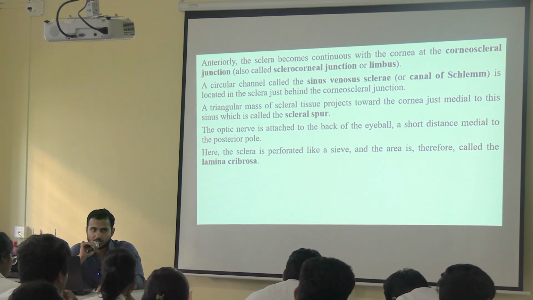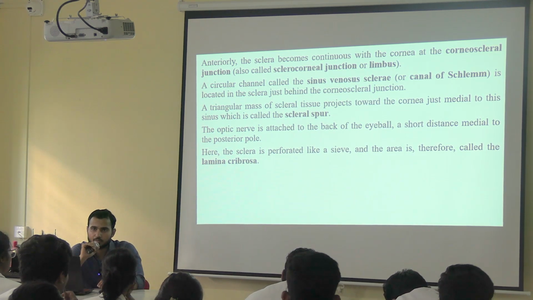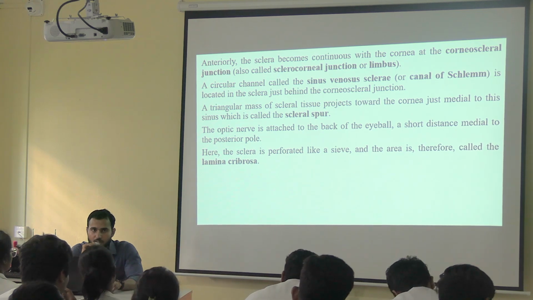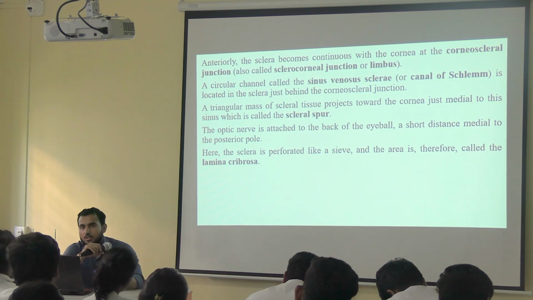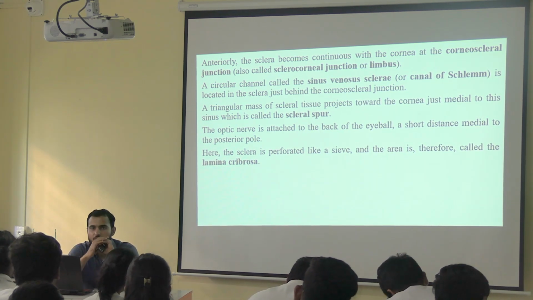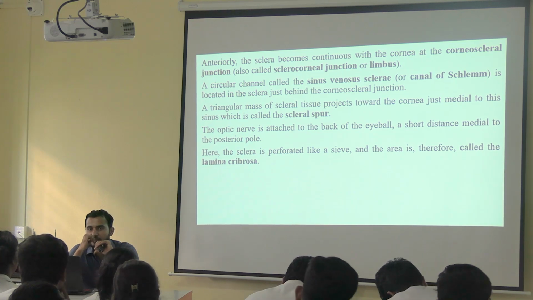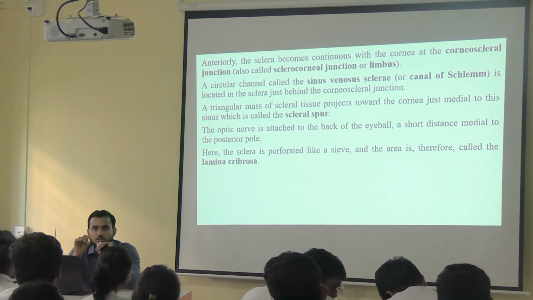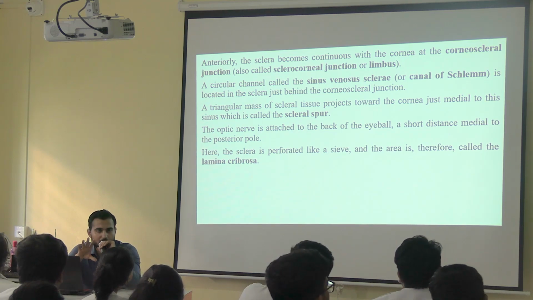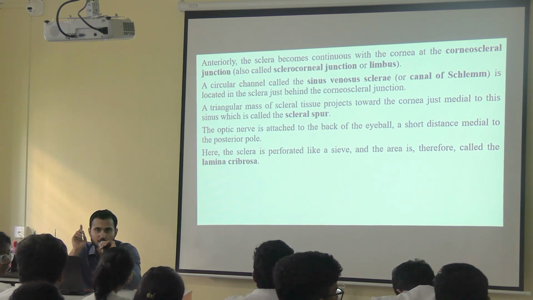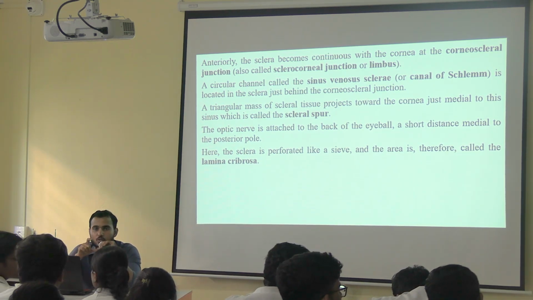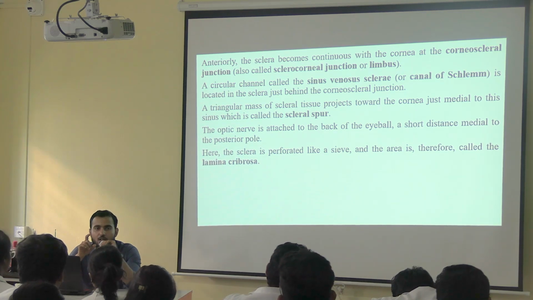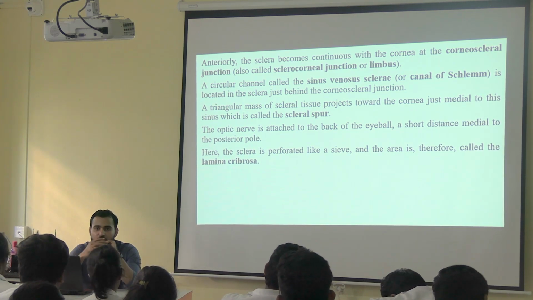Has anyone in the class heard about glaucoma? What is it? No, diabetic retinopathy is different. I am not asking about diabetic retinopathy. Yes, yes, what is it? Try to understand the thing. Diabetic retinopathy is different. Okay, that we'll discuss in the retina. What happens in glaucoma? The intraocular pressure increases.